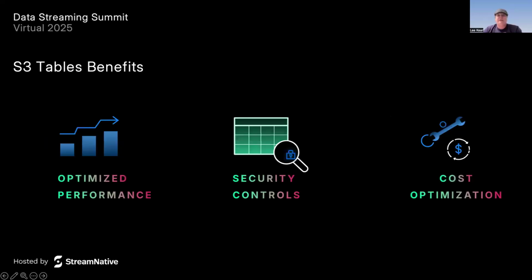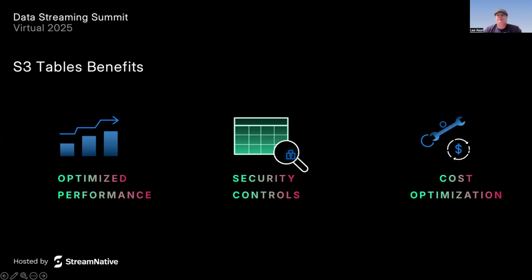Before we dive into the benefits, let's touch upon why S3 Tables. We have many customers who have already adopted self-managed Iceberg where the data lives on S3. But managing Iceberg tables independently presents 3 key challenges: performance, security, and cost optimization.